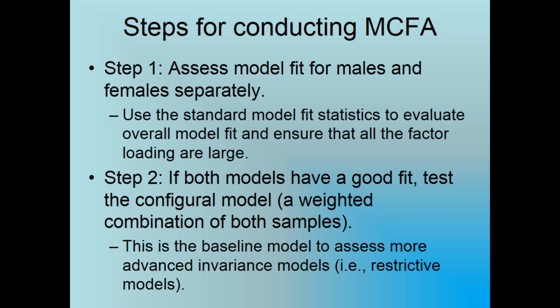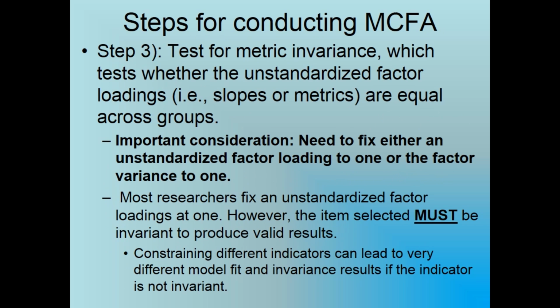In step 3, we're testing for metric invariance. Again, are the unstandardized factor loadings, also called slopes or metrics, equal across the groups? The tricky part here is you have to decide how you're going to set your scale.